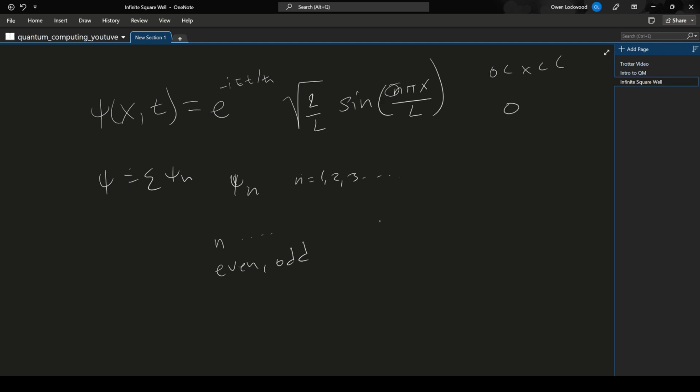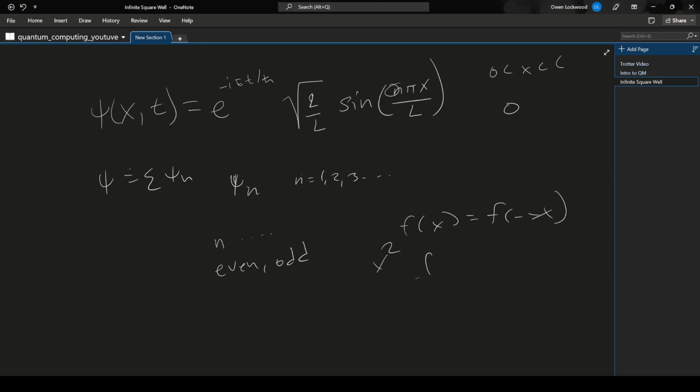So what is an even function? What is an odd function? Even functions and odd functions are defined by the following identity. Even functions have, let me make sure, I always get these two messed up, so I'm just double checking. Even functions have f of x equals f of negative x. For example, x squared is an even function.